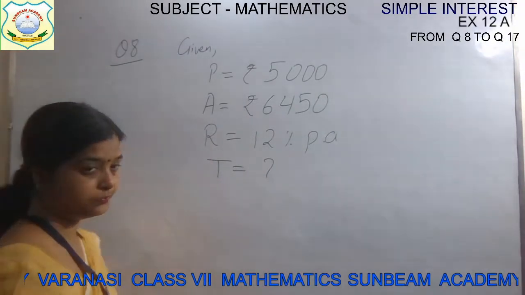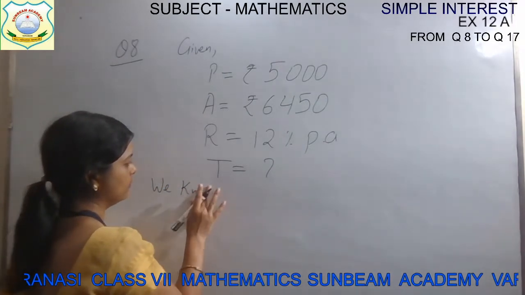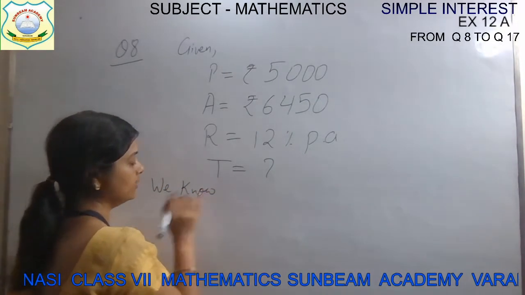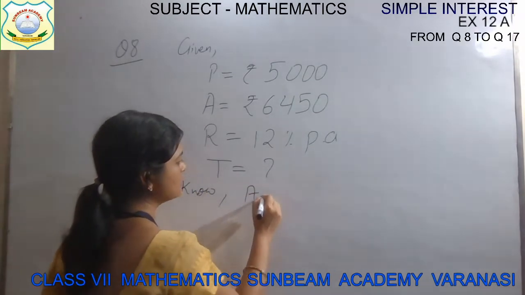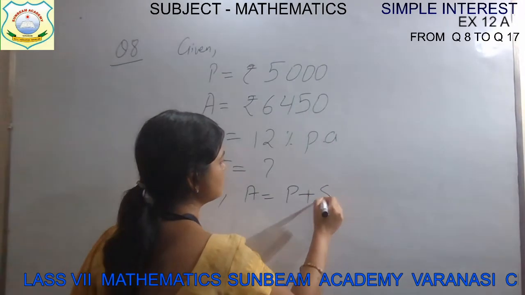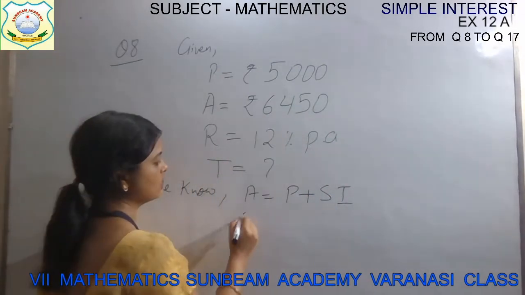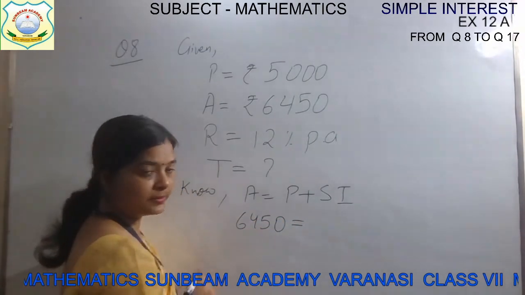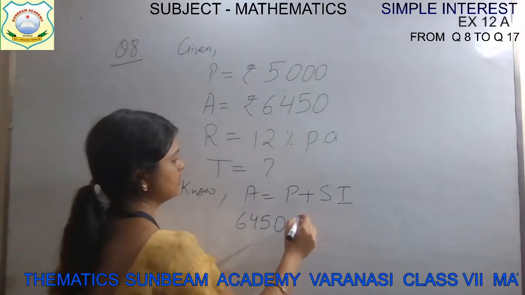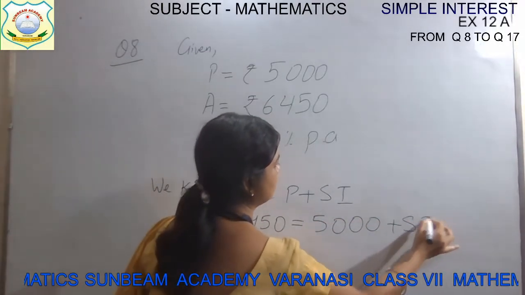Okay, now let's write down. We know that amount is equal to P plus SI. Put the value which you know. Amount is 6,450. Put the value of principal money, that is 5,000, plus simple interest.